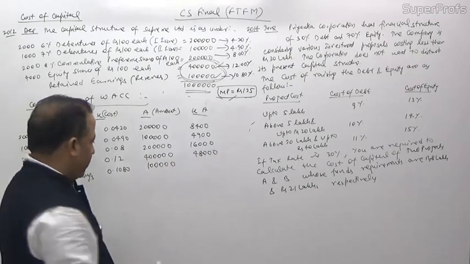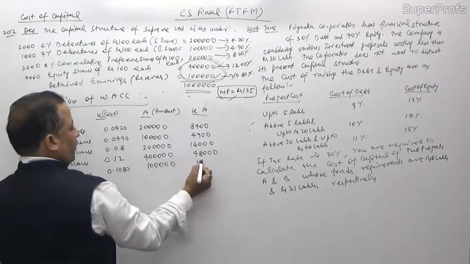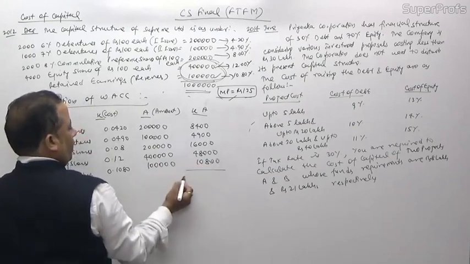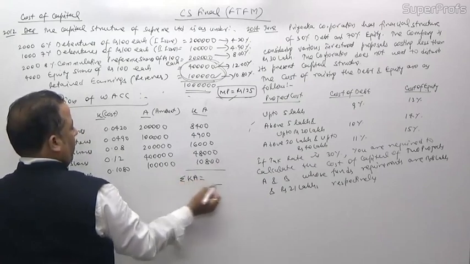And 1 lakh multiplied by 0.1080, 10,800. The total, sigma KA.